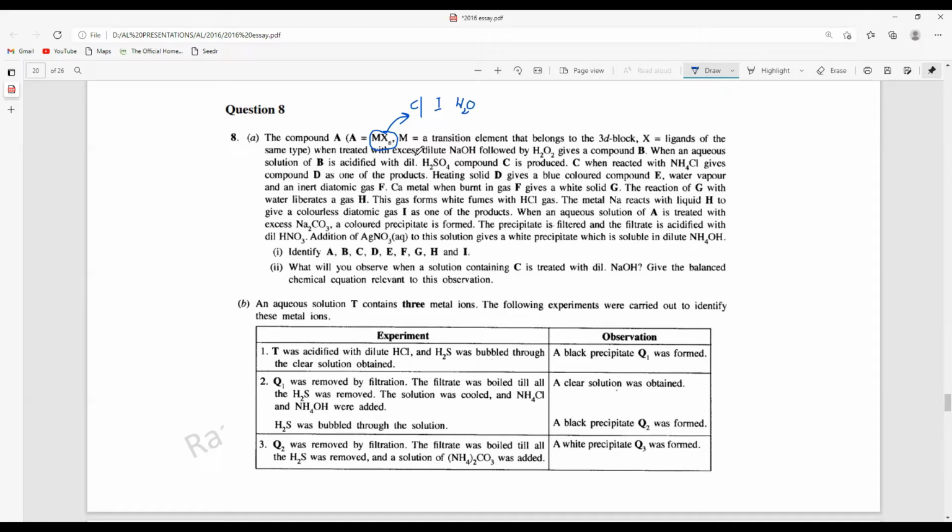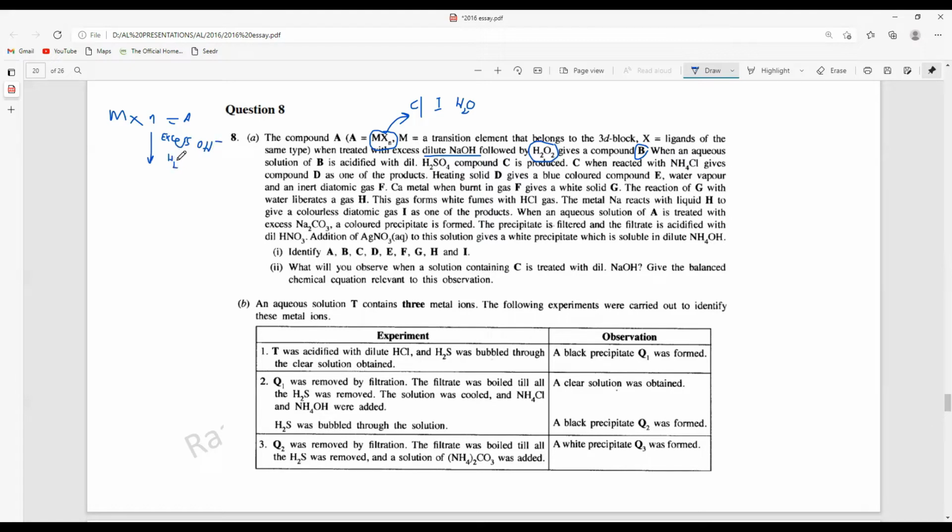So this compound was treated with excess dilute NaOH, followed by addition of H2O2, and this gives a compound B. So simply, MXn, which is our compound A, you treat this with excess NaOH, so excess OH minus, and then you add H2O2.